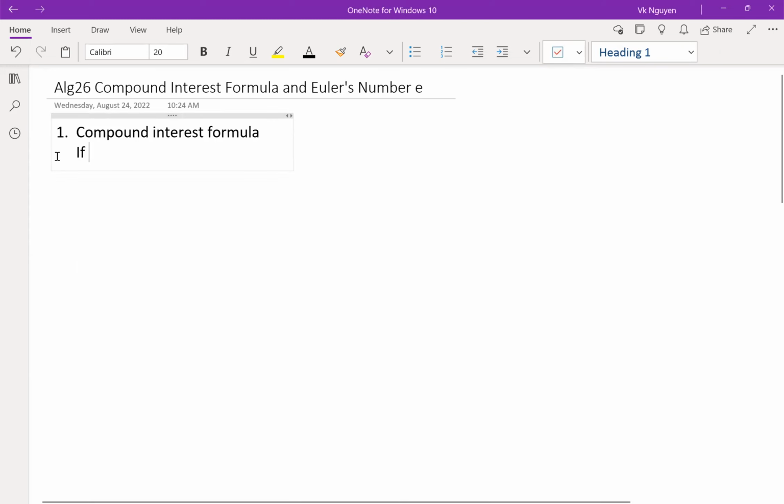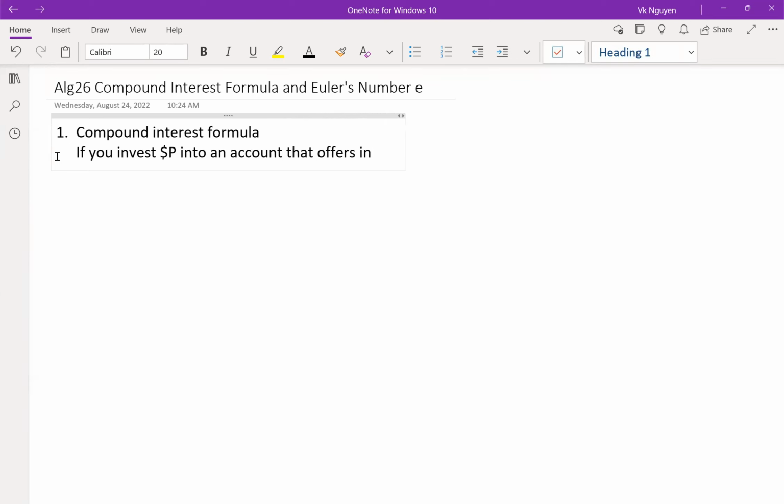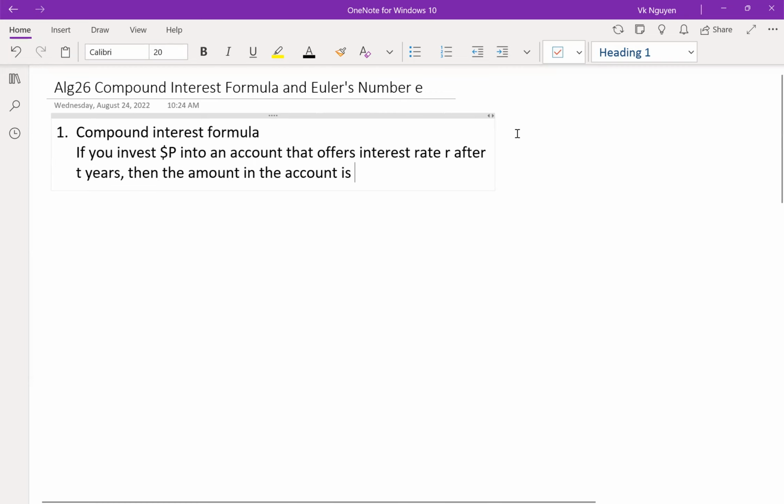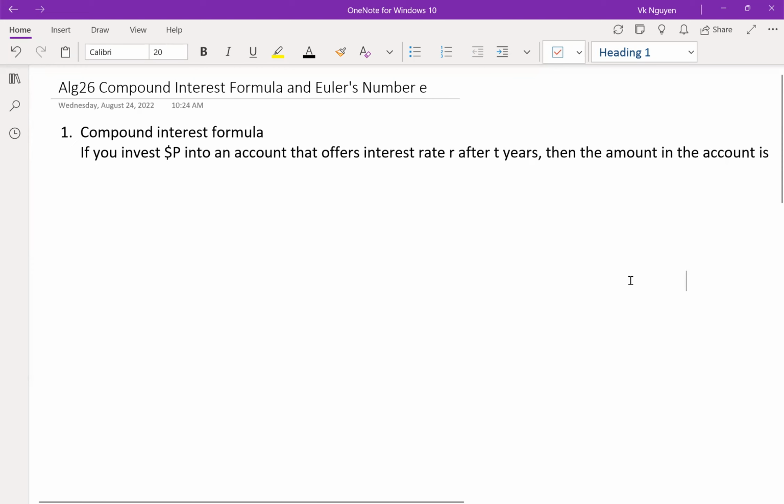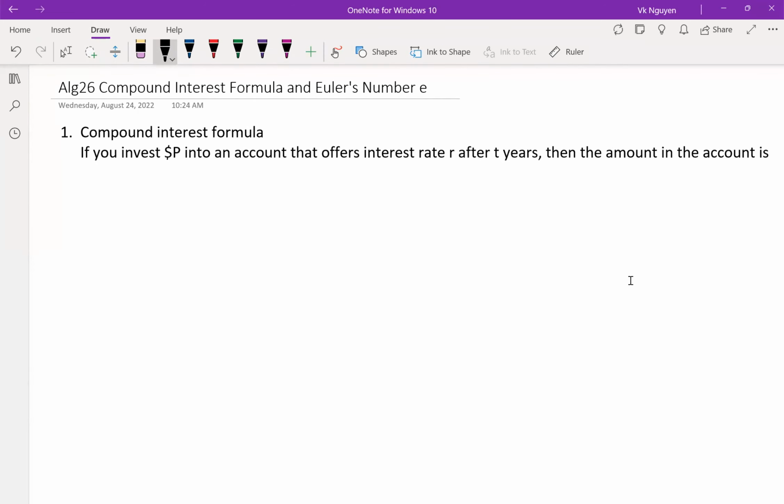Okay, let's say that you invest P money into an account that offers interest rate r, and after t years, the amount in the account will be A. A is the initial investment plus interest.